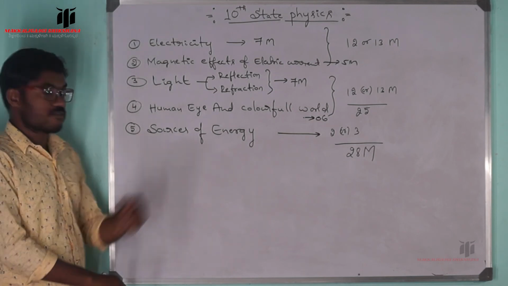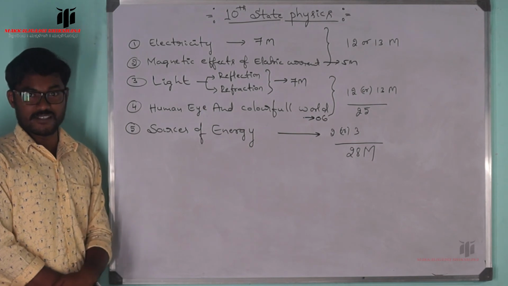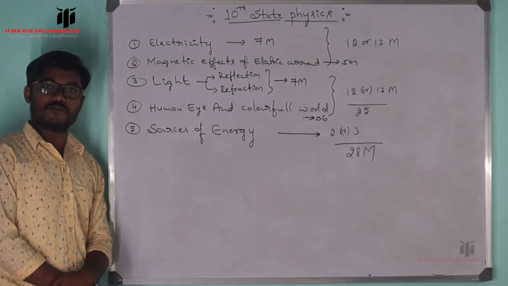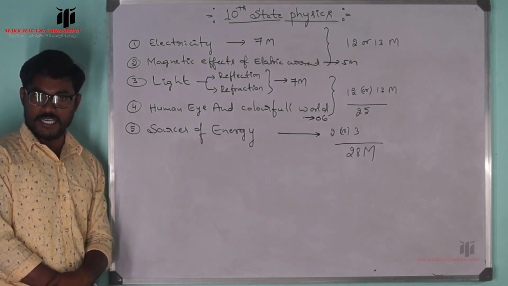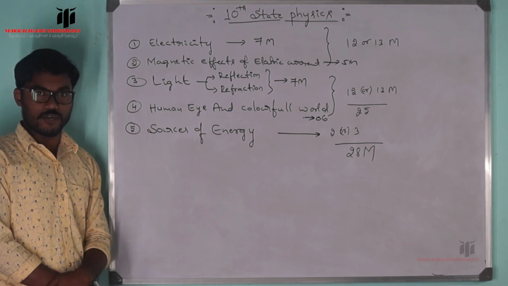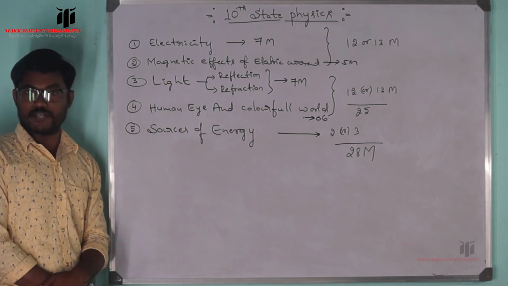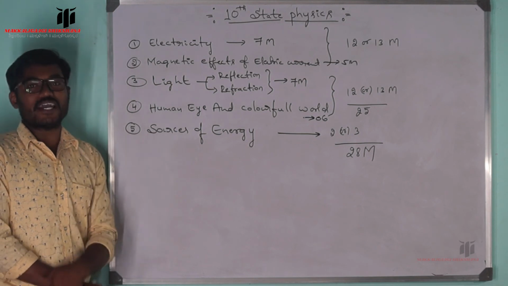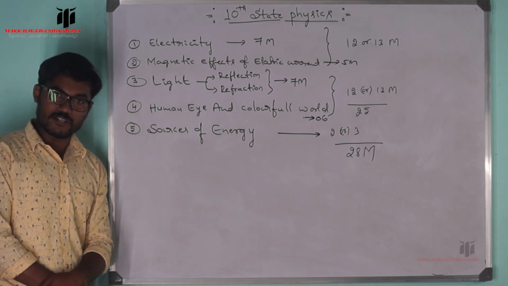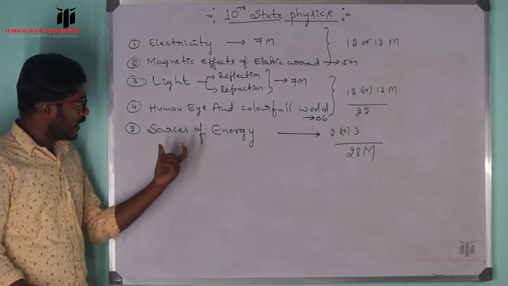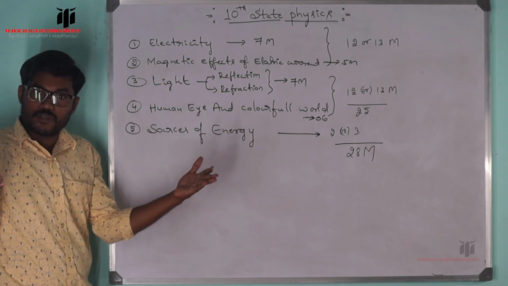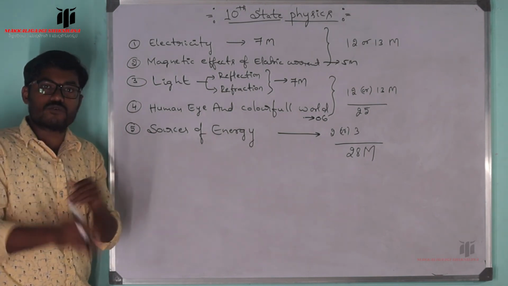And in case of the sources of energy, it is very essential to discuss, because we are using different sources of energy in our daily life. Okay, for example, water is a source of energy, and this solar energy we are getting from the sun, that is also a source of energy. Like that, wind energy, that is wind is also a source of energy.